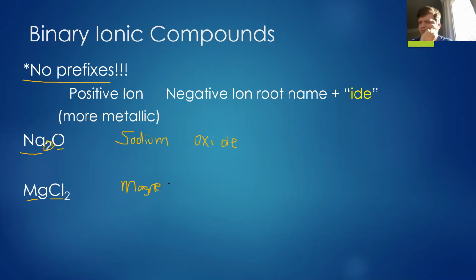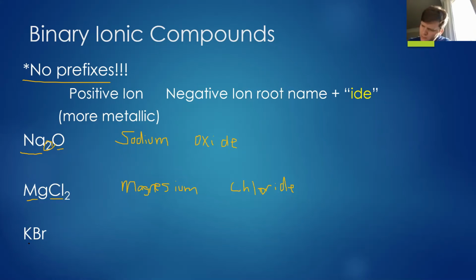Chloride. Chloride, exactly. And there's 2 chlorines, but that doesn't matter for ionic. We're not going to write dichloride, we're just going to write chloride. Let me put up the other one while I'm trying to write this. Chloride.